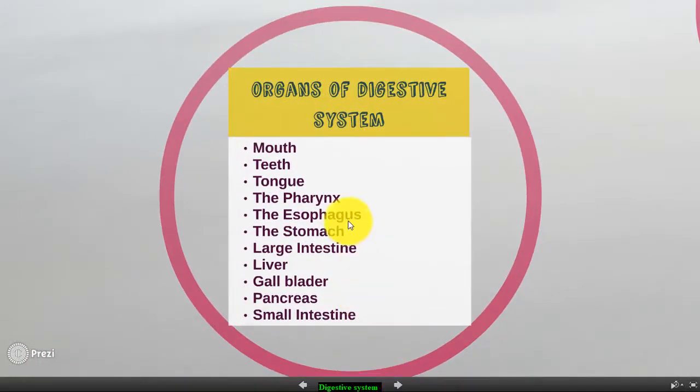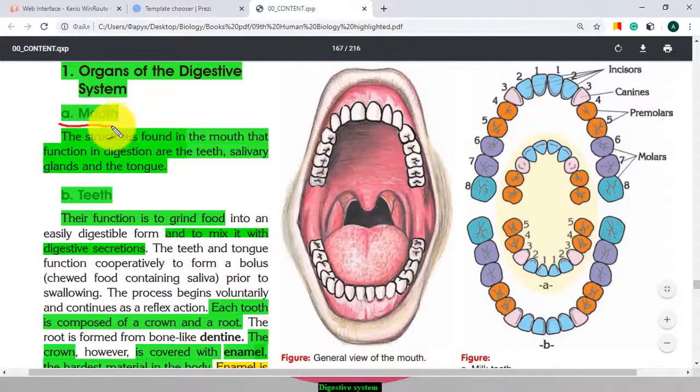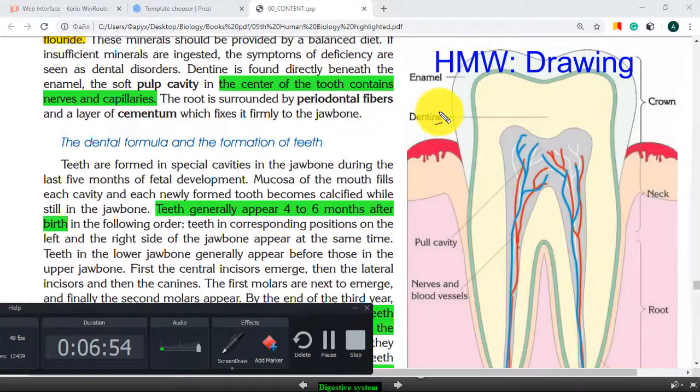There are several organs which are functional in the digestive system. The mouth is a structure which contains teeth, tongue, and salivary glands. Their main function is to produce saliva. Now, teeth. Teeth are responsible for chewing or breaking down food physically.